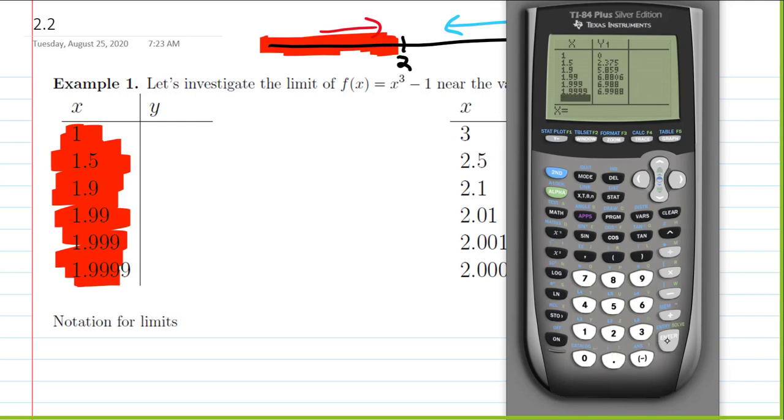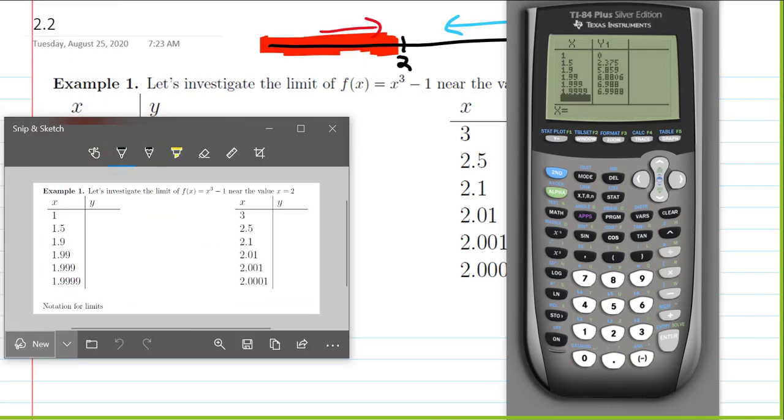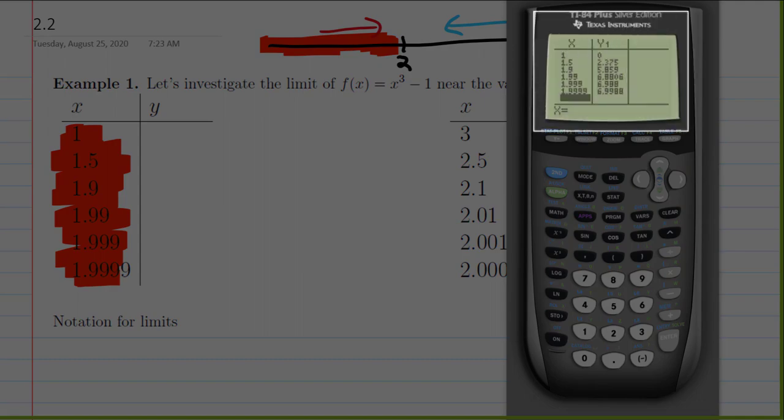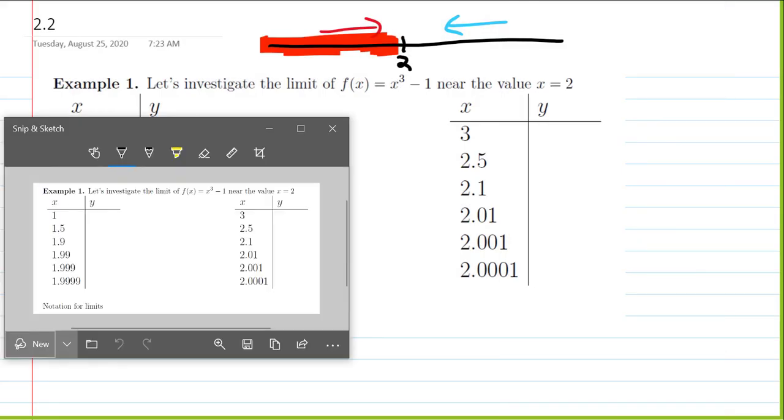And we notice each time we add another 9, I'm going to do one more even though it's more than what's on the sheet. In fact, I'm going to put 6 9s on this time. And finally, my calculator actually just rounded 6 9s to 2. So let's get rid of that. We get these values.